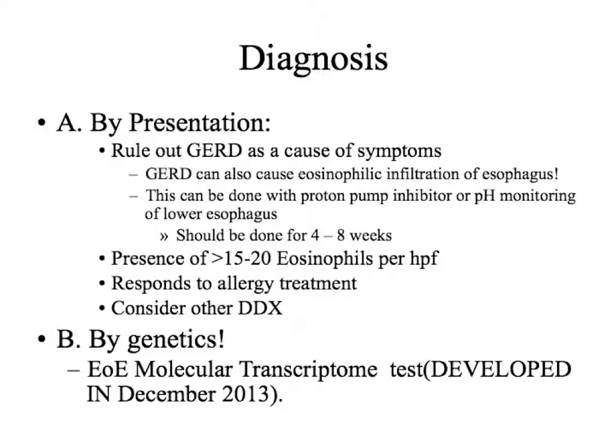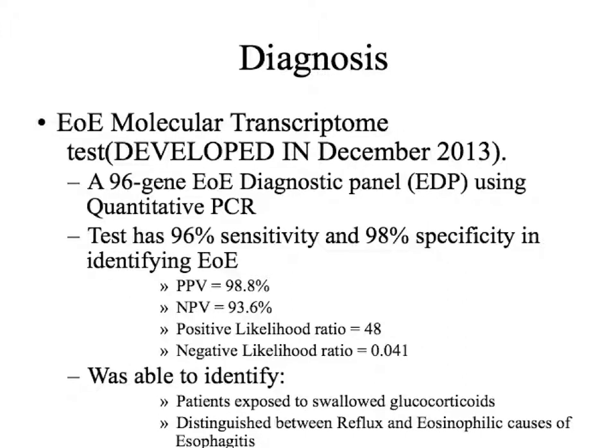Now, as early as December of 2013, a group had published a paper on a genetic diagnostic test that they created. I think this test is pretty exciting because it has a sensitivity of 96%, 98% specificity, a positive likelihood ratio of 48, and a negative likelihood ratio of 0.041.